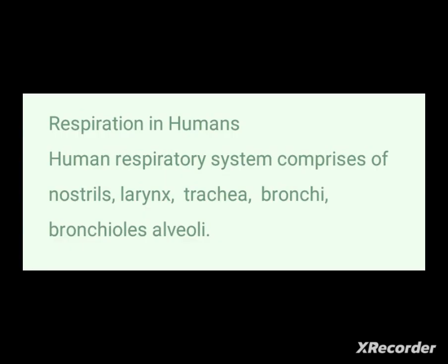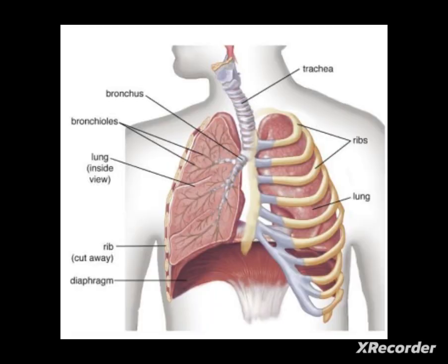Now let's know about respiration in humans. Humans have exterior left and right nostrils which are divided by a framework of cartilaginous structure called nasal septum. Tiny hair follicles are present on the inner lining of the nostrils, that is nose, which act as the body's first line of defense against foreign pathogens or foreign particles.